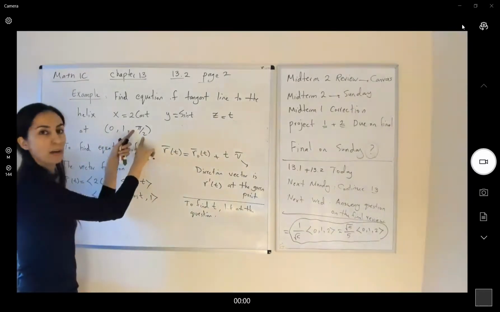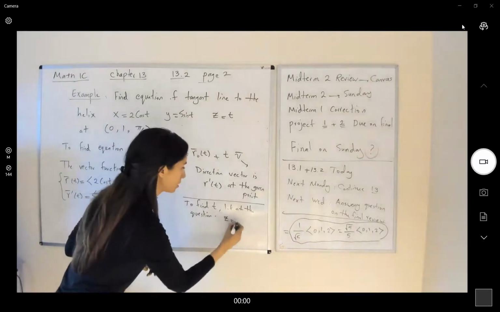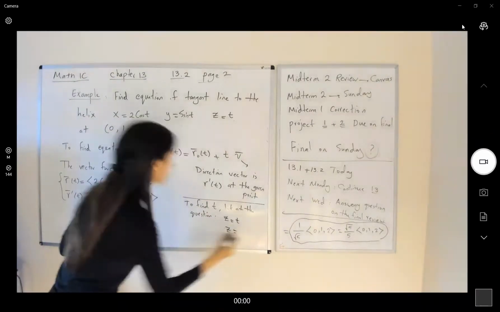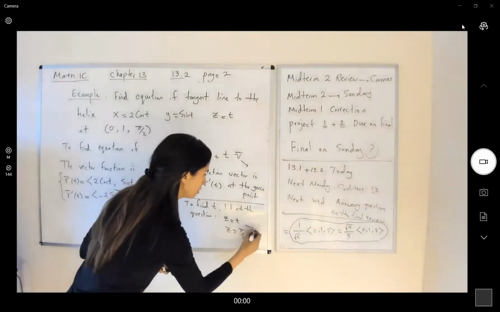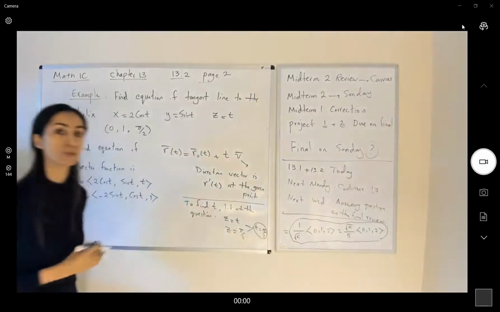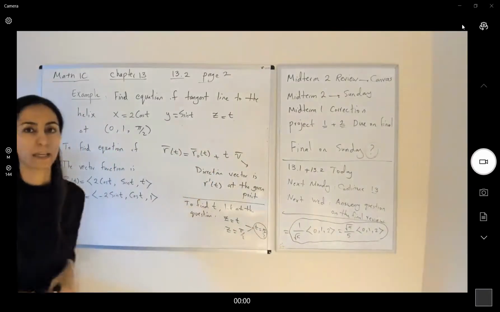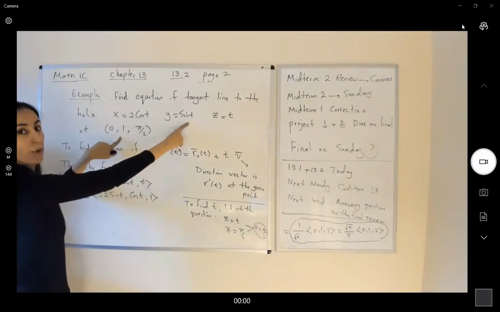The last component is pi over 2. So z is equal to t, and z is equal to pi over 2. So t is pi over 2. You could say, hey, y is sine t and y is 1.